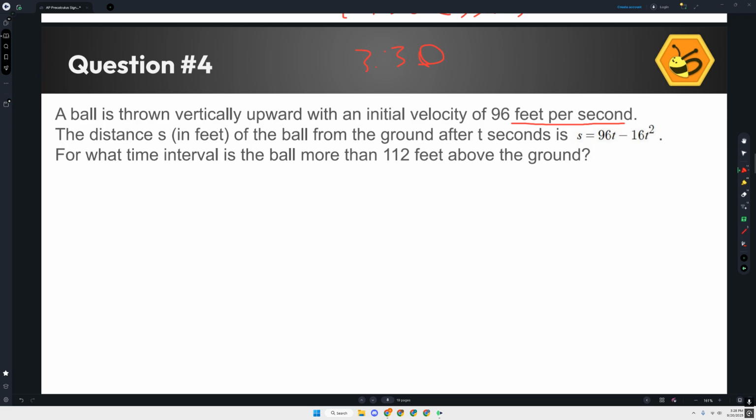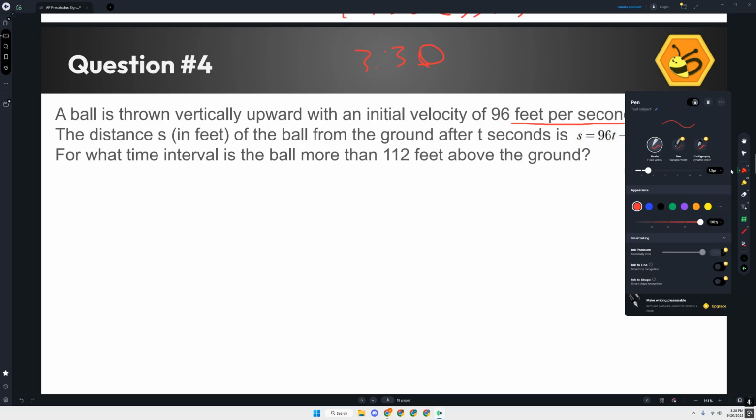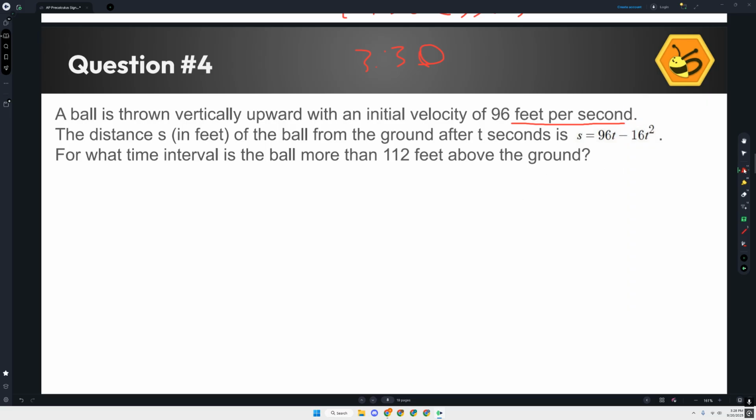Go ahead, do this question. It's the same idea. You just set up your inequality and then put it in Desmos. The only step for this is to set up the inequality. So it says above the ground, so it means it has to be greater than.